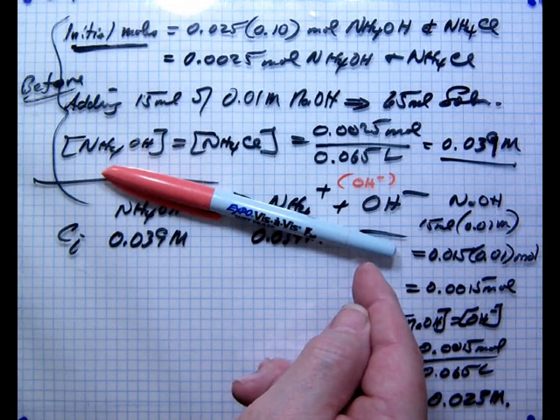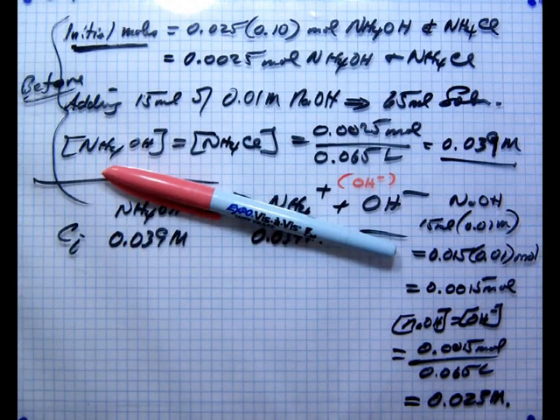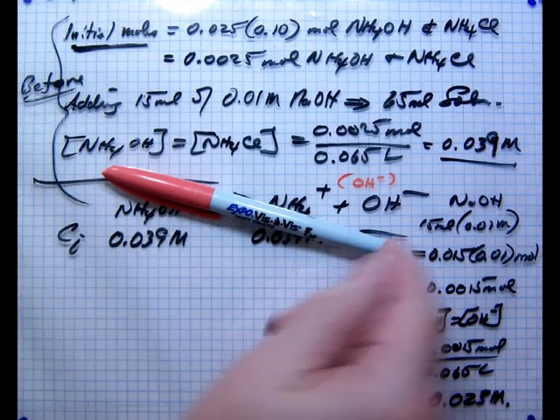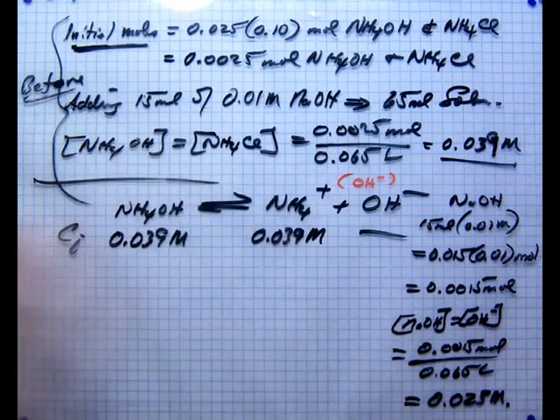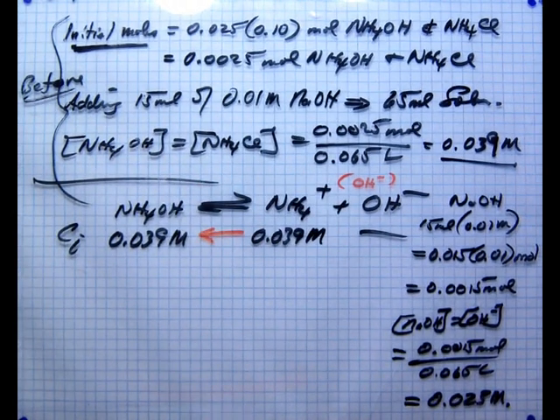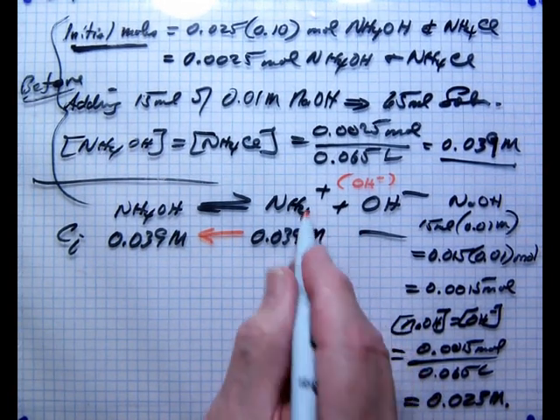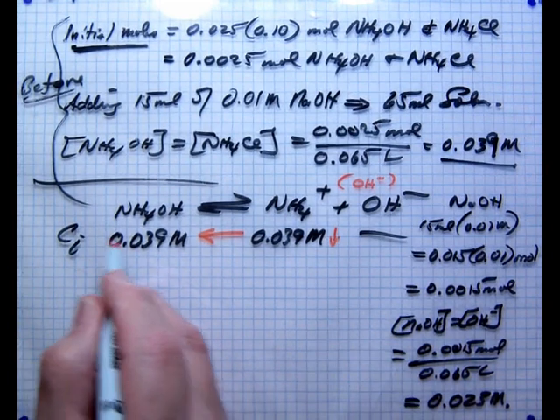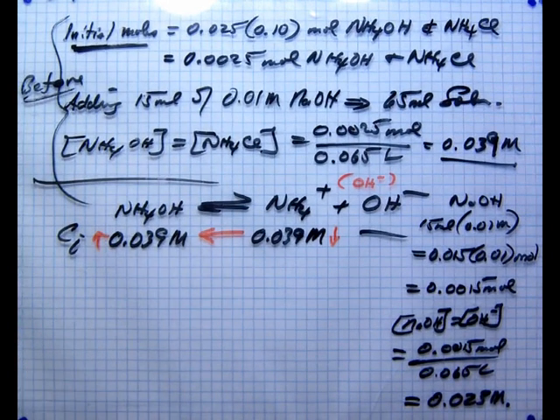So in order to get back to the balance, we have to shift to the left in this equilibrium, which means that this is going to be taken away from this and added to this one.